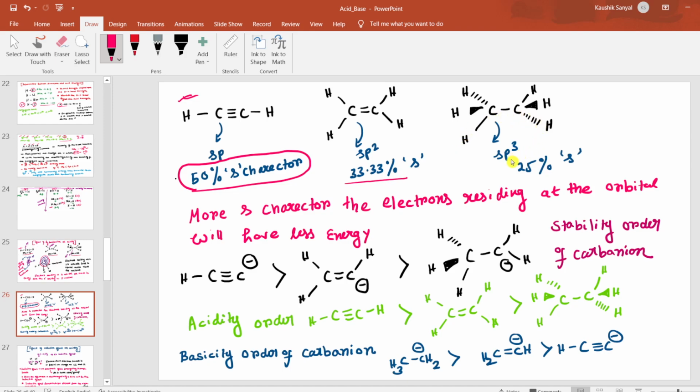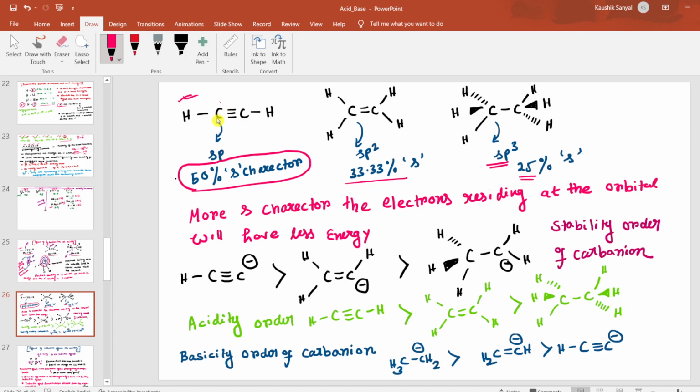If we see the ethane molecule, the carbon atom is sp3 hybridized, so it has 25% s character. So as we go from acetylene to ethane, the s character decreases from 50% to 25%. So the orbital of this carbon atom has much higher s character, and that's why the electrons residing in these orbitals will be much more stable in energy.